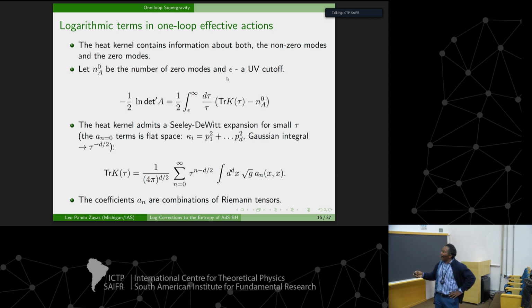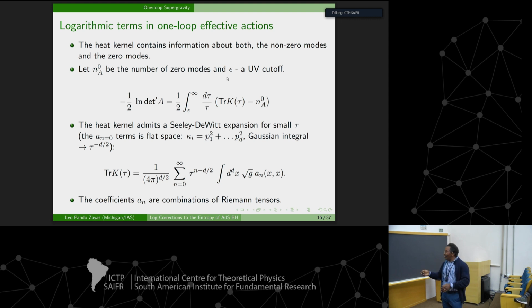All right, and now, a very important fact. Under very general conditions, these operators, or the heat kernel, admit the Seeley-DeWitt expansion. You see the first term, n equals 0, is t to the minus d over 2. This is a Gaussian integral, so you're very close to flat space. All momenta are sort of Gaussian variables.